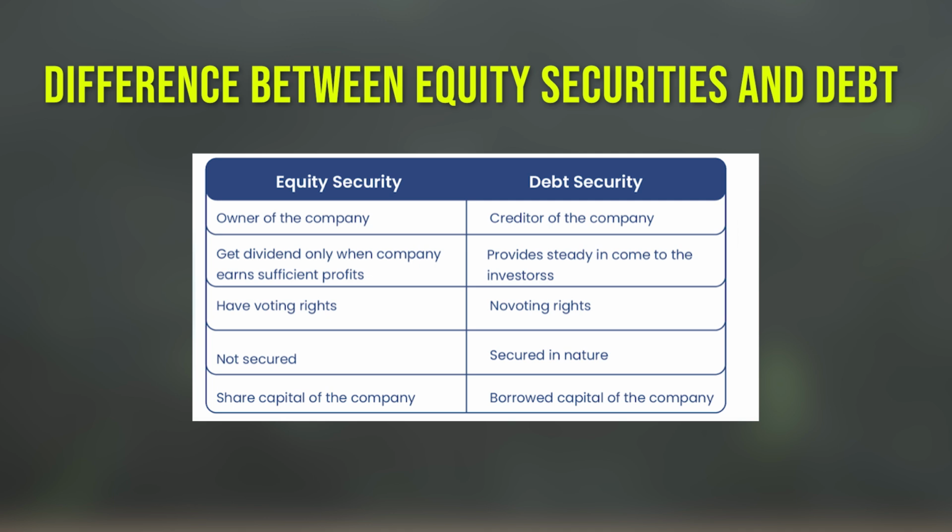Left side is equity security, and right side is debt security. Equity security holders are owners of the company. Debt security holders are only creditors of the company. Next one, equity holders get dividends only when the company earns sufficient profit. If the company earns profit, then equity security holders receive dividends.